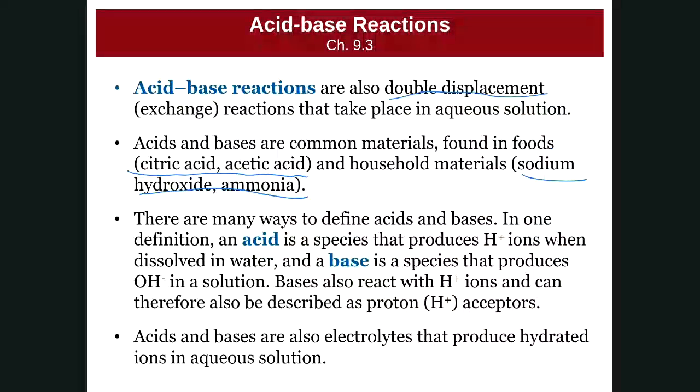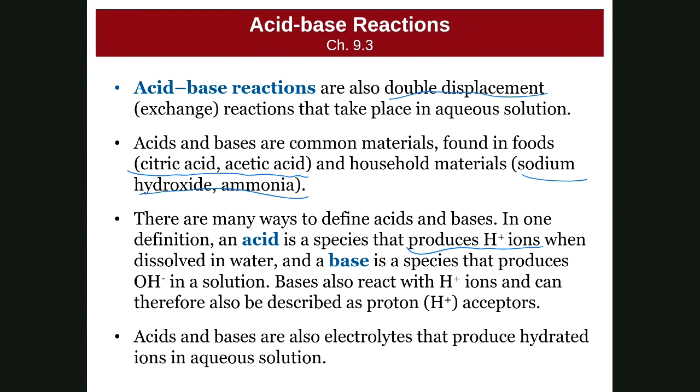All right, but what does that mean? What is an acid and a base scientifically? There are many ways to define acids and bases. In one definition, the easiest of the definitions to remember, an acid produces hydrogen ions. We also call these protons because a hydrogen atom contains no neutron and only one proton.